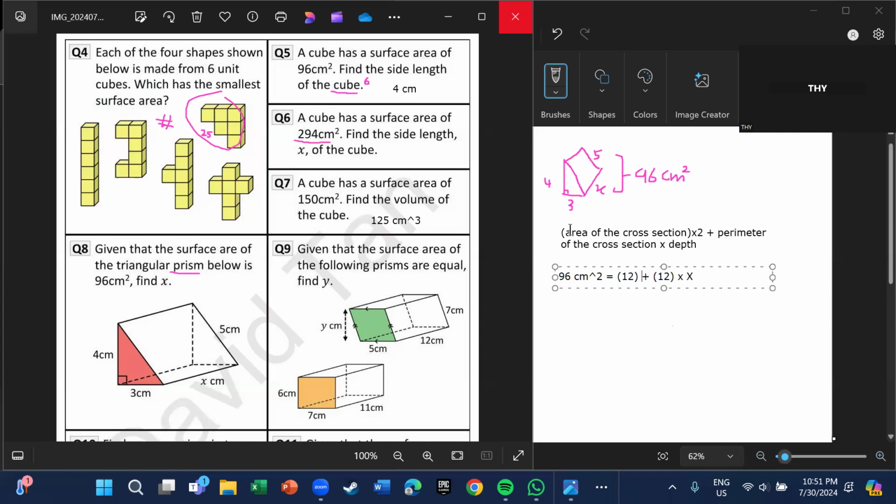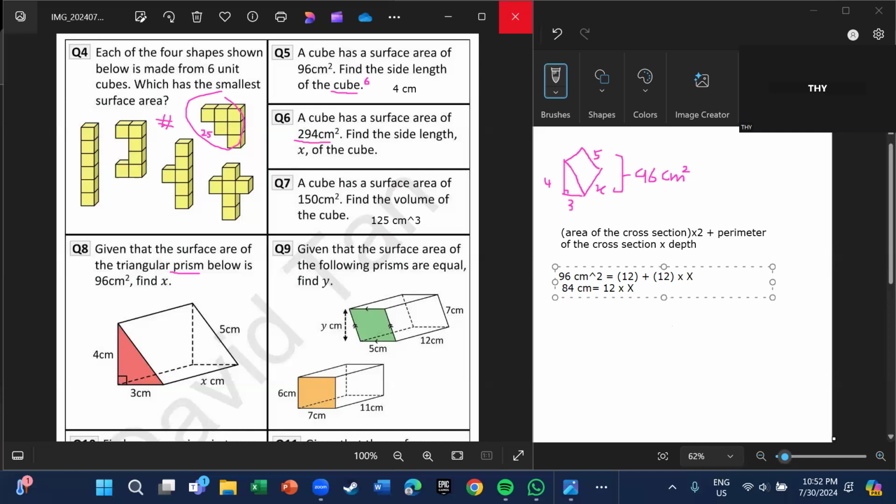Okay, we just have to reverse it. First thing that we do is minus 12 from 96. That will give us 84 centimeters, since we minus 12, and it's 12 times x.